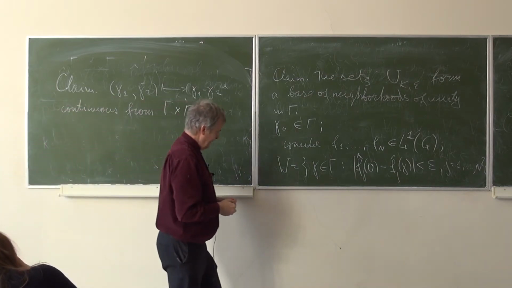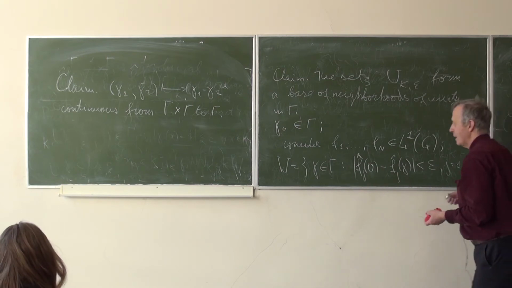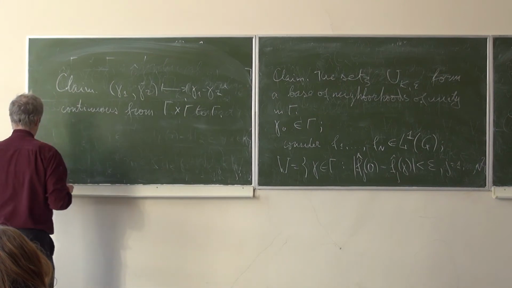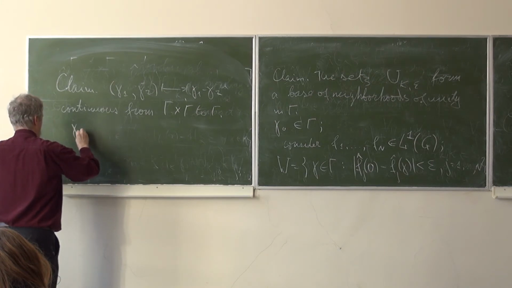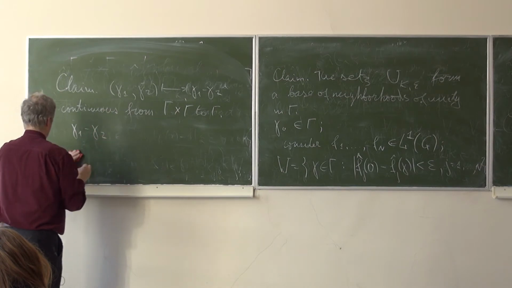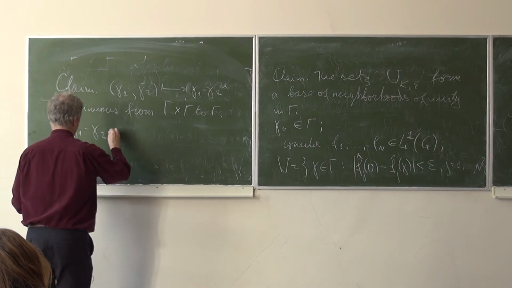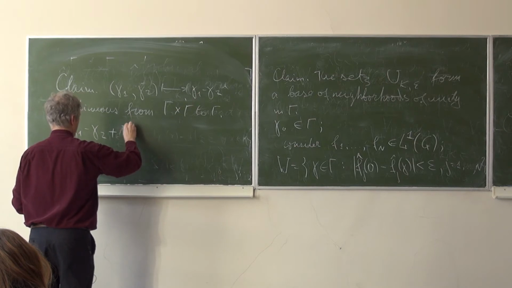So, well, okay. A basic neighborhood of gamma 1 minus gamma 2 is a set of this form.